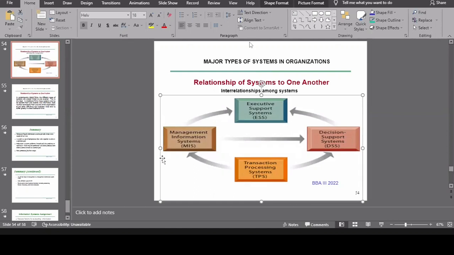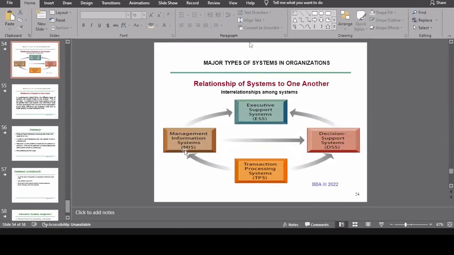Then when information reaches the MIS, some of it will go direct to the executive support system. However, we might be required to have this information aggregated under the decision support systems so that decisions are made at the executive support systems.